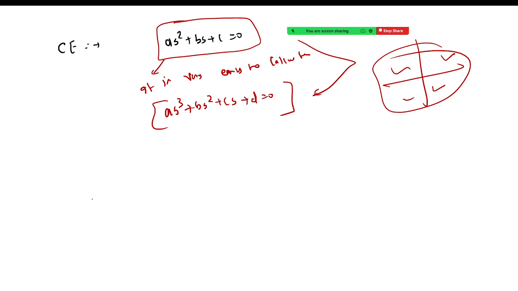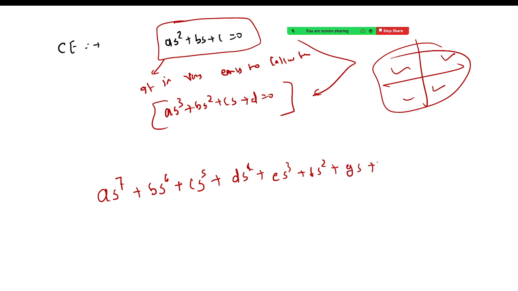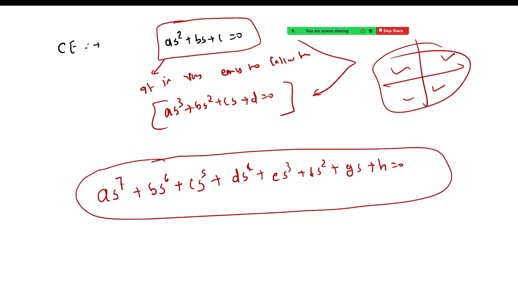But if the system is, let's say, as^7 plus bs^6 plus cs^5 plus ds^4 plus es^3 plus fs^2 plus gs plus h is equal to 0, it will be very tedious to calculate the root of this particular equation. It's not very easy to calculate the root.